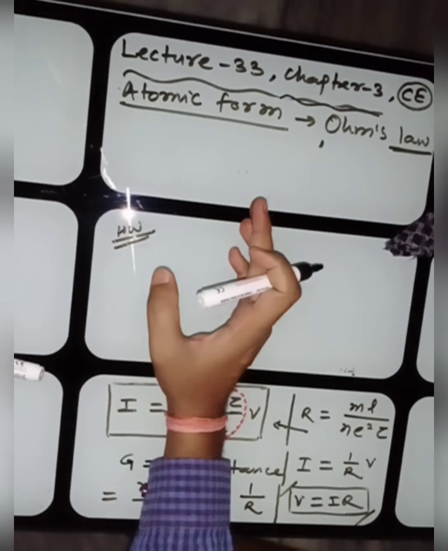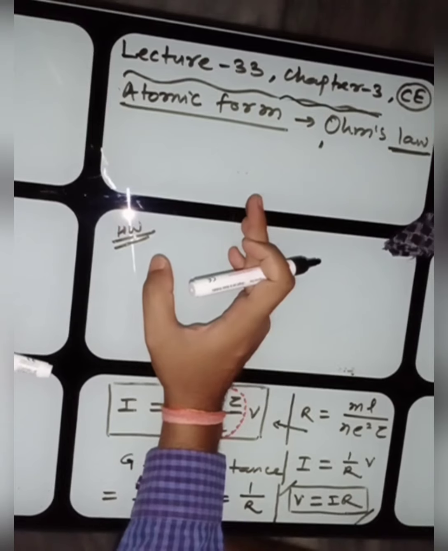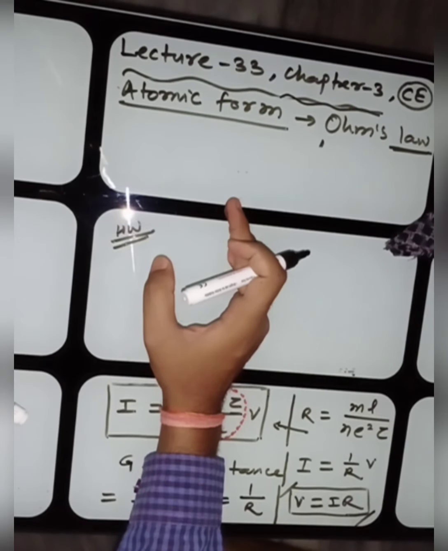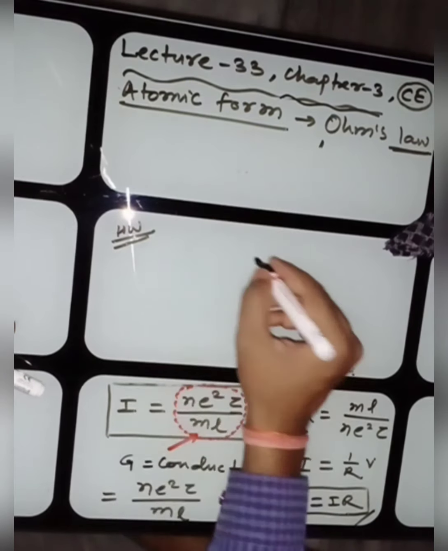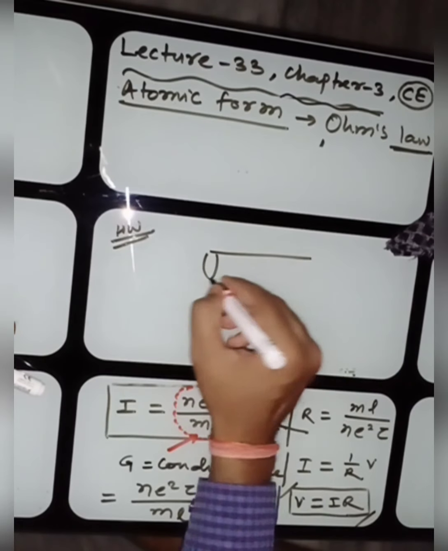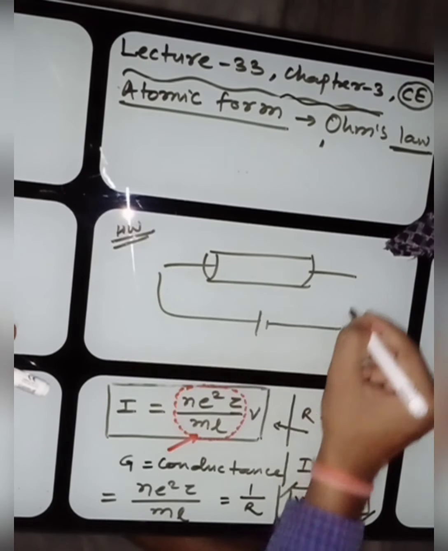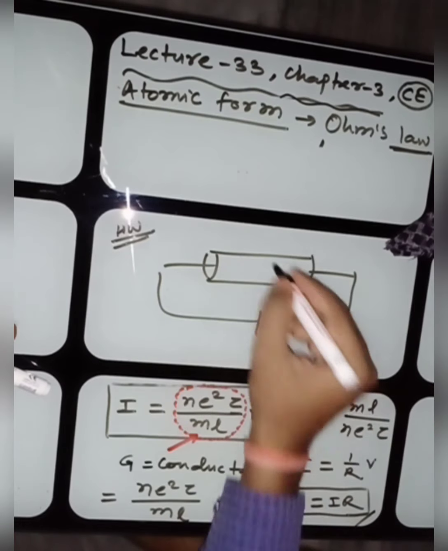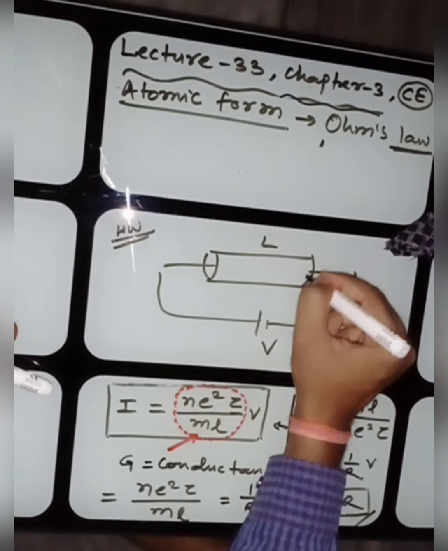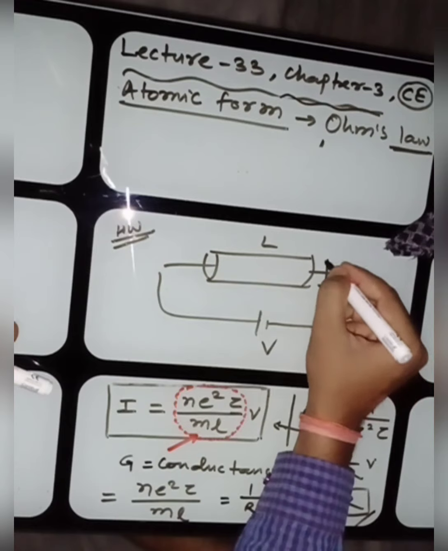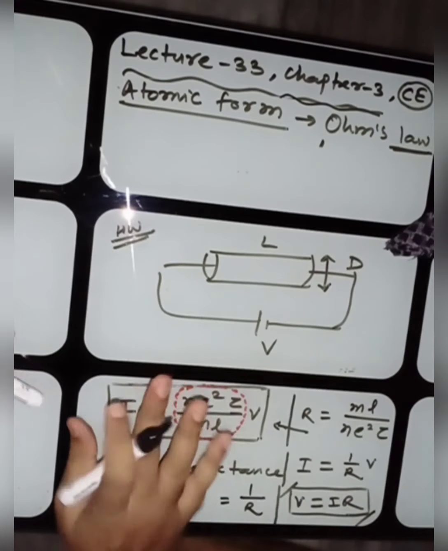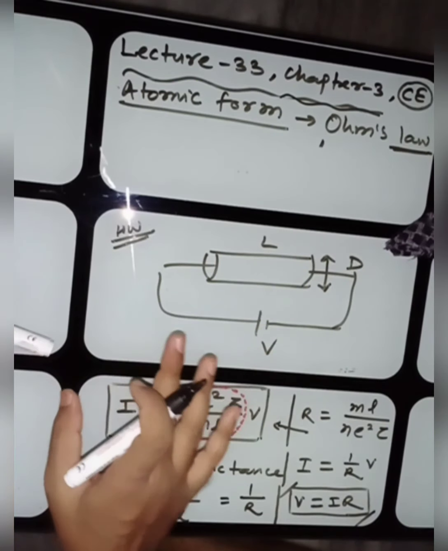A potential difference V is applied to a conductor of length L and diameter D. Potential V, length is L, diameter of this conductor is D. The diameter is given.